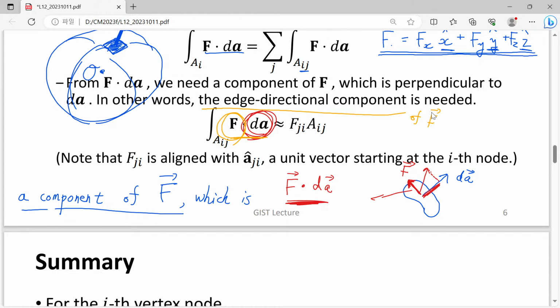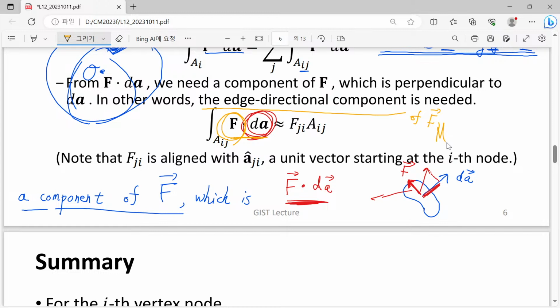Maybe you can ask me, is this really general in every application of numerical analysis? Then I would say that it's not. The obvious failure of this kind of approach is the Maxwell equations. If you consider the Maxwell equations, quite frequently we have to find terms like the curl of the electric field or the curl of the H field, the magnetic field.